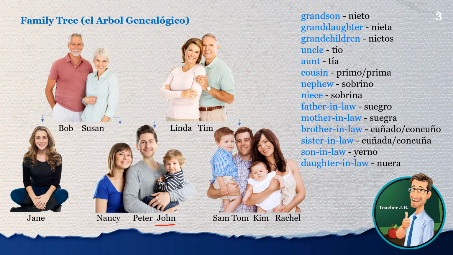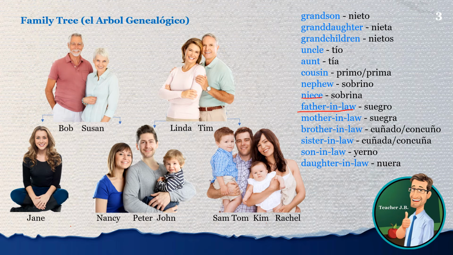Next one, nephew. Jane has one nephew. His name is John. And Peter has one nephew. His name is Sam. And niece. Jane doesn't have a niece. And Peter has a niece whose name is Kim. So nephew is a boy. Niece is a girl.